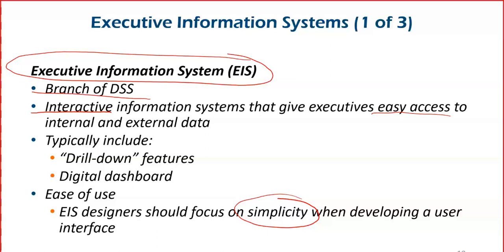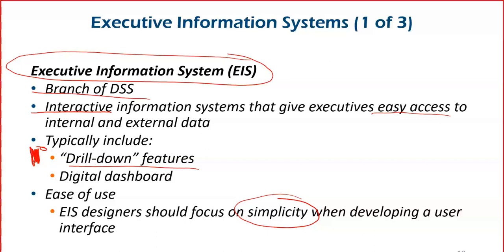Now, the system made out of DSS called EIS actually features two things, right? Number one, it allows that kind of important person in a company to look at things in a detailed manner, which we call the drill down feature.